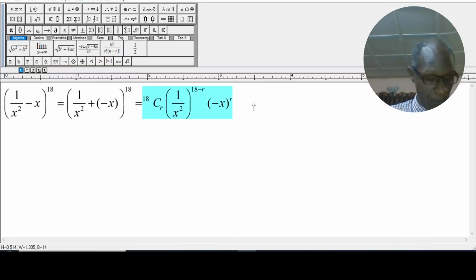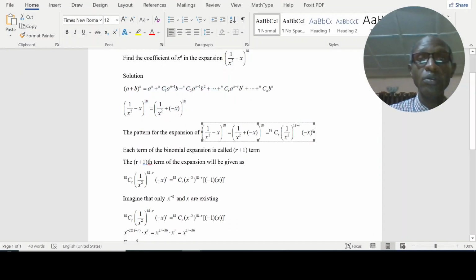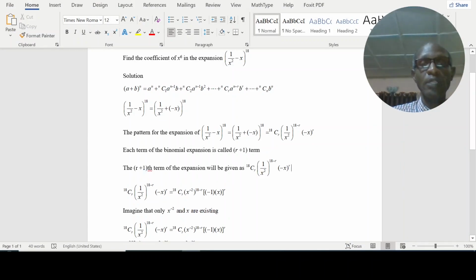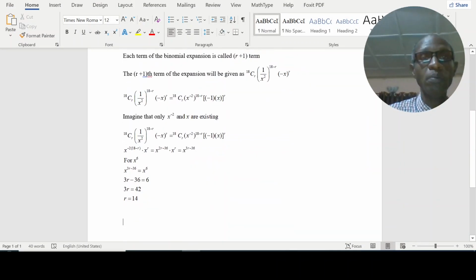Which I'm going to copy out. So let's come back. We have gotten our R to be 14. Now we can put that 14.